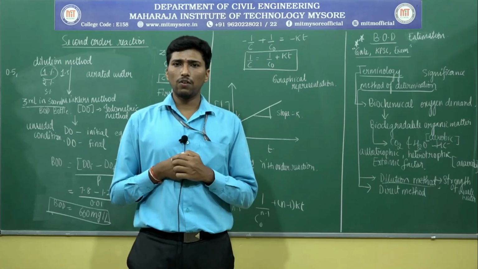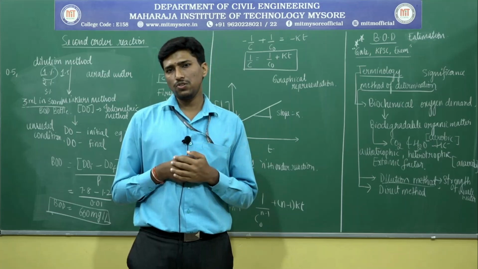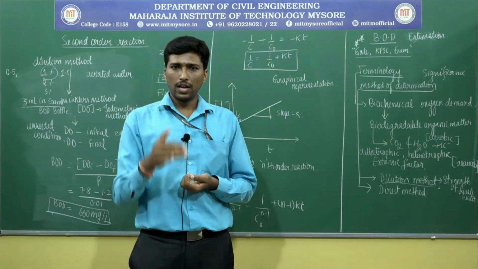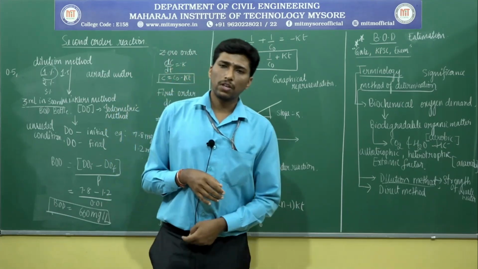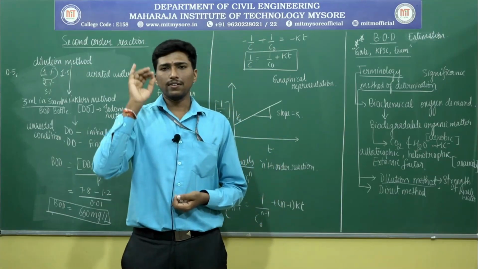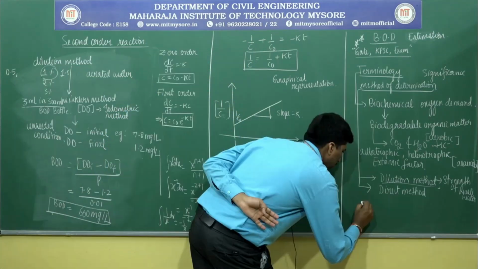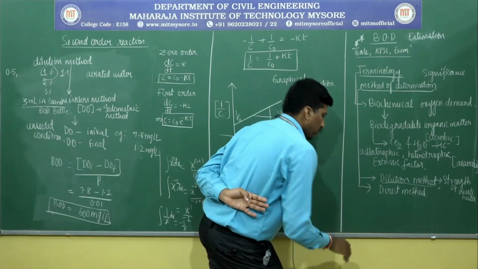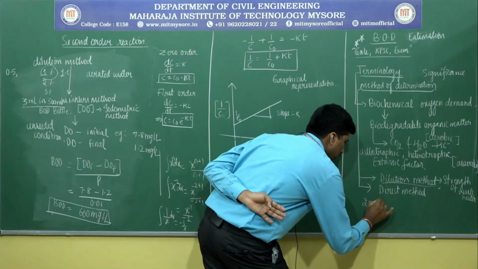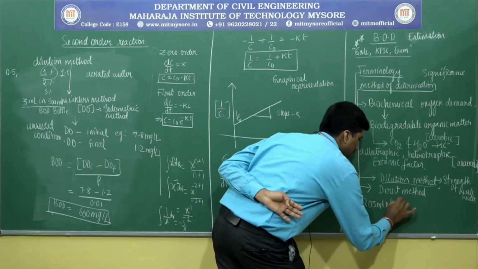Therefore, the normality of the solution tends to change in the case of the sodium thiosulfate. And here, mainly 300 ml volume of sample has to be taken into the conical flask, and it is 203 ml of sample.